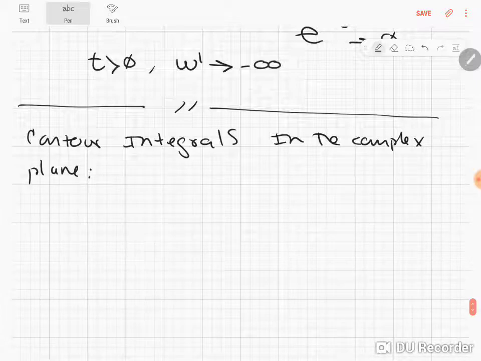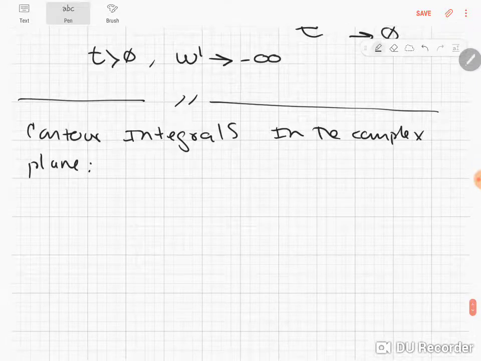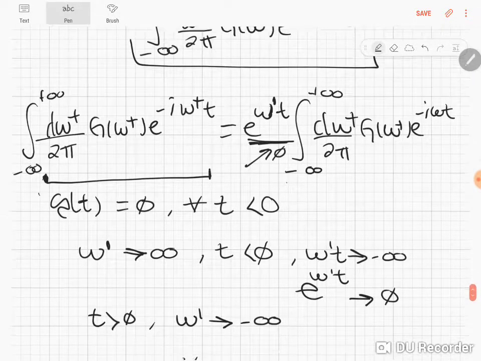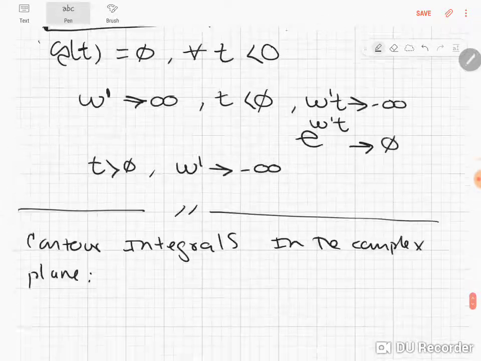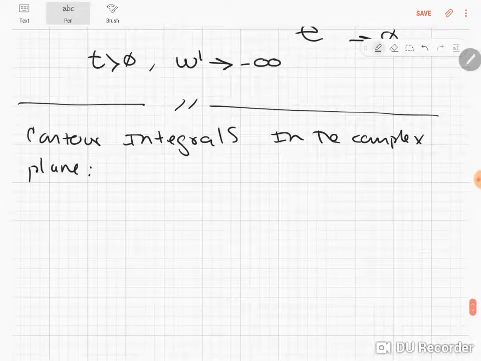If I have a time integral in the complex plane like the one we have here, that's why we introduce this omega plus, to force that integral to be evaluated in the complex plane, because the poles of G will be complex. When I have this type of integral, it's hard to just evaluate it like that. You have to choose a path in the complex plane along which you want to evaluate that integral.